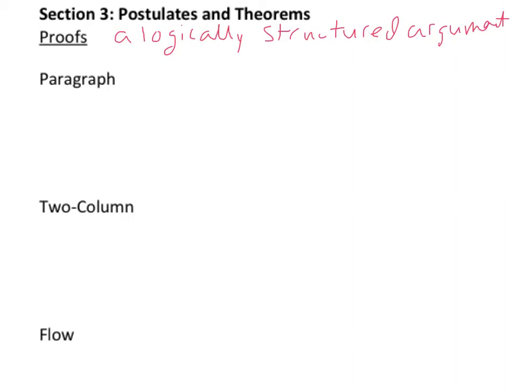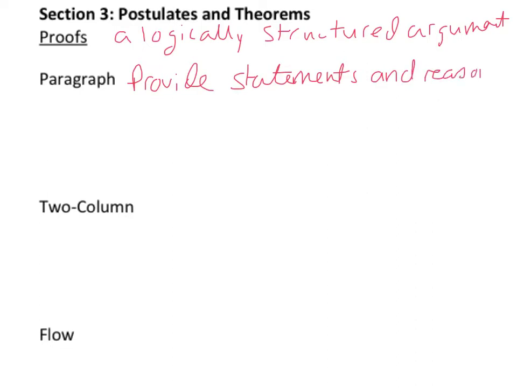Three different ways to do a proof, or to represent a proof, is, first of all, a paragraph, and that is to provide statements and reasons in sentences and paragraph form.